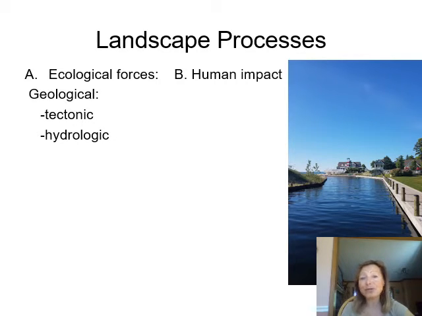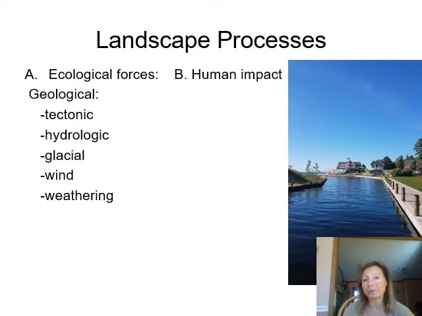So, for example, geological forces such as tectonic processes, hydrological processes, glacial processes, wind, weathering, they all are reflected in the appearance of the landscape. They all have contributed at very different temporal and spatial scales in the way the landscape looks today.